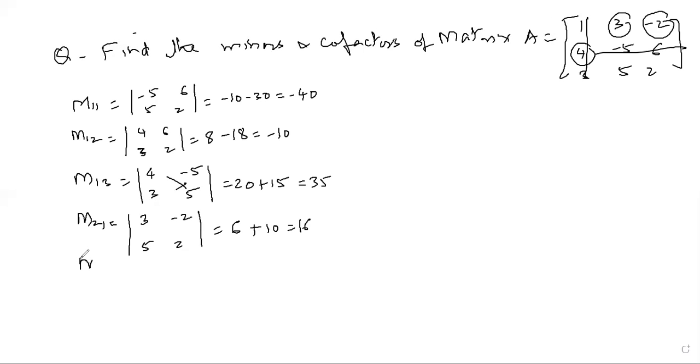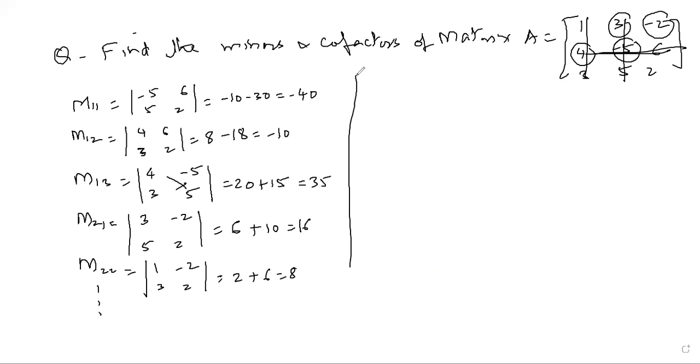Then M22: in this row and this column, leave these, 1 minus 2, 3 2. Like this you have to find all the minors. 1 times 2 is 2, minus minus plus 3 times 2 is 6, 6 plus 2, 8, and so on.